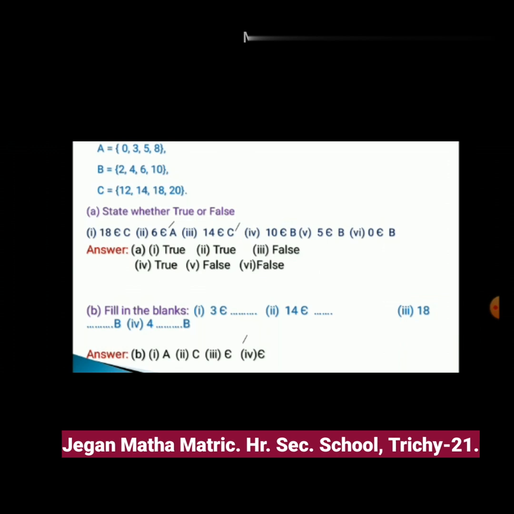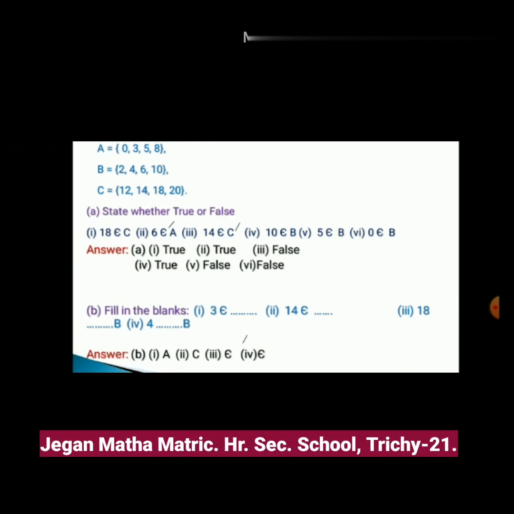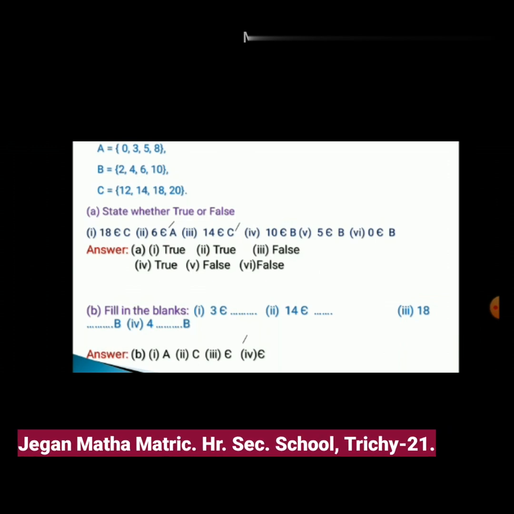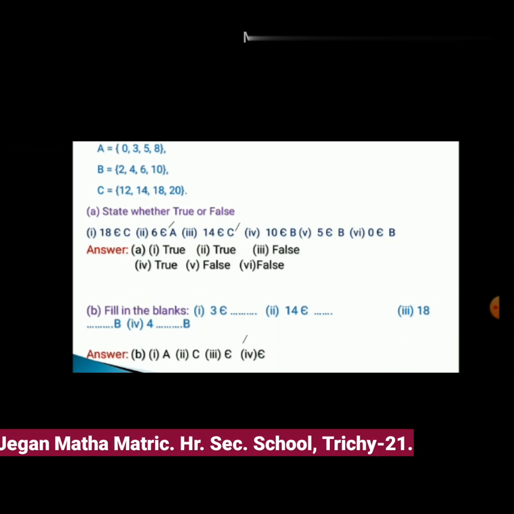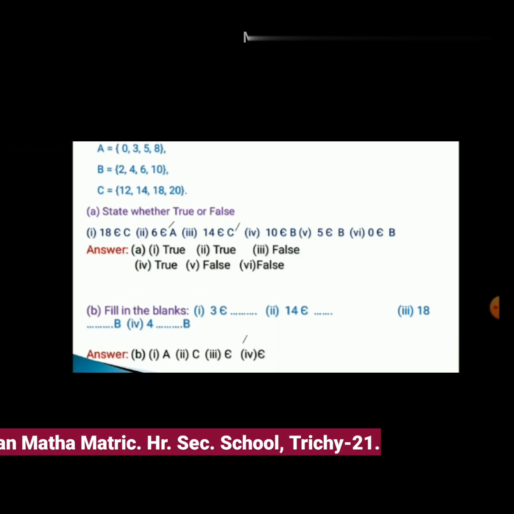So this is true. In the fifth one, 5 belongs to B. This is false because the element 5 is not contained in set B. In the sixth one, 0 belongs to B. The element 0 is not in set B. So this is a false statement.